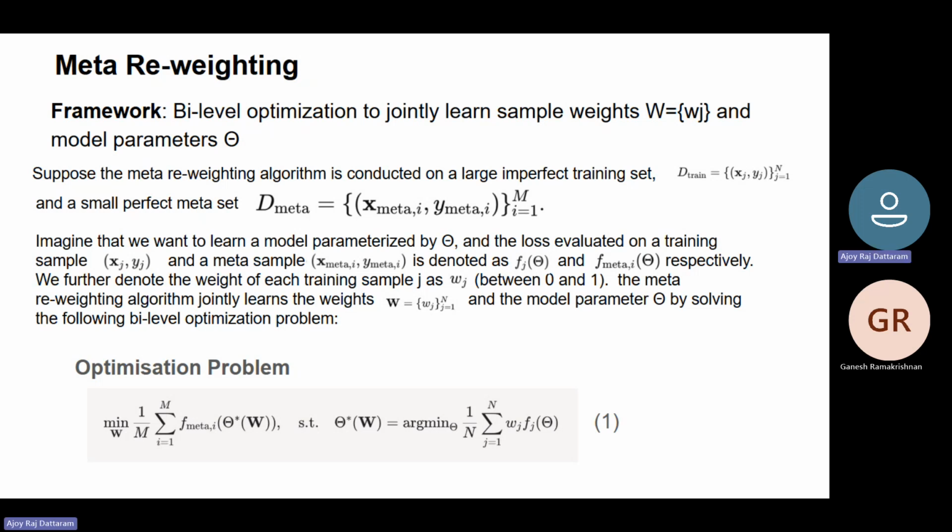Dtrain is the training data, and Dmeta is the accurate data extracted from the training data.